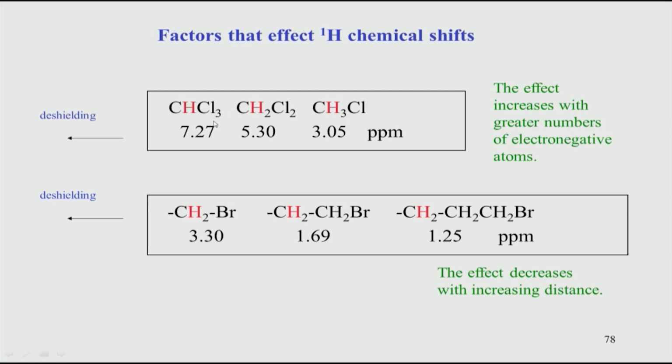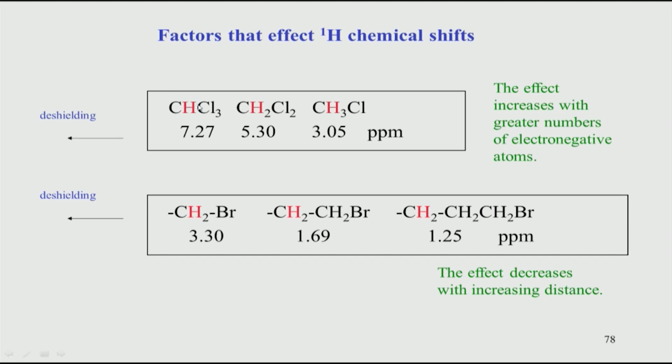They very strongly pull the electron density away from the carbon and hydrogen, and therefore this hydrogen has very little electron density around itself, and if it has less electron density, it is less shielded from the main magnetic field, and therefore it becomes deshielded.